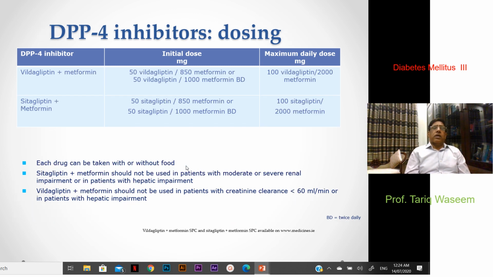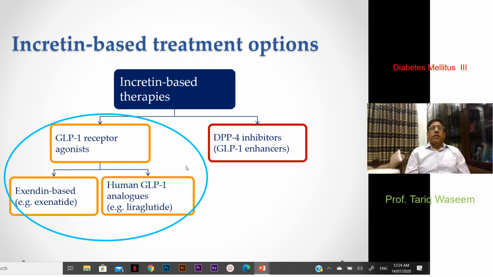You can combine them with metformin, and various combinations are available as well. So the options we have are incretin therapy in the form of GLP-1 receptor agonists, Incretin-based, Liraglutide, which we already mentioned, and then DPP4 inhibitors, GLP-1 enhancers.